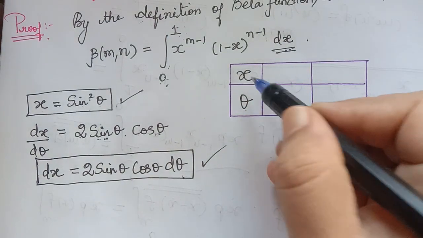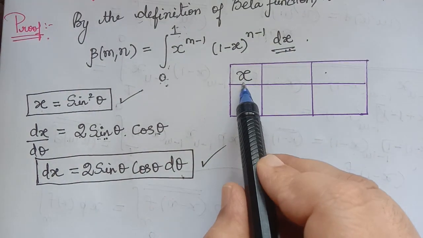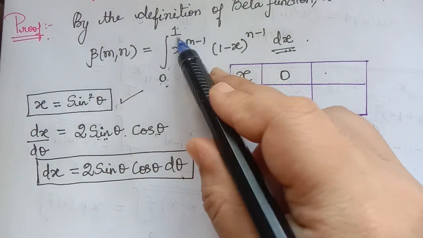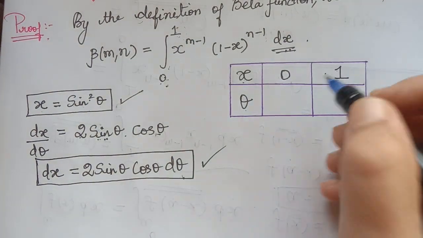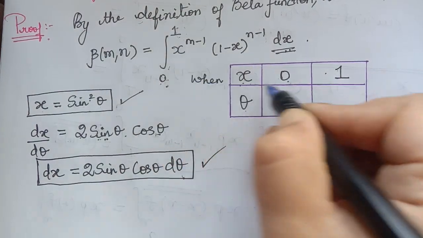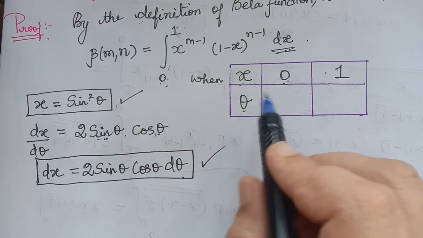So for that, first we have to write the values of x. What are the limits for x? The lower limit is 0 and the upper limit is 1. So when x is equal to 0, what is the value of theta? That is what we have to find.